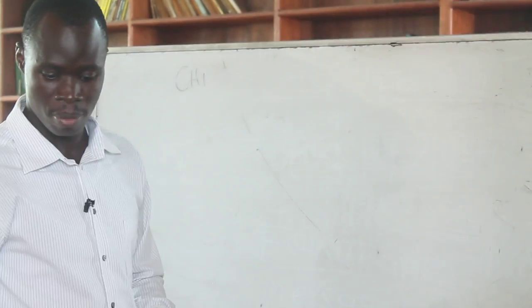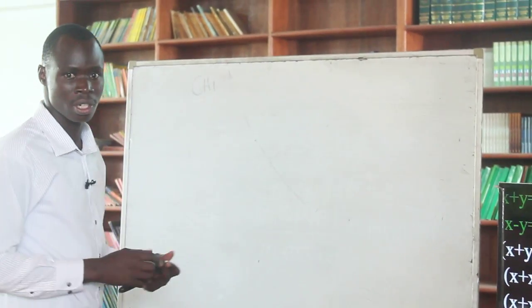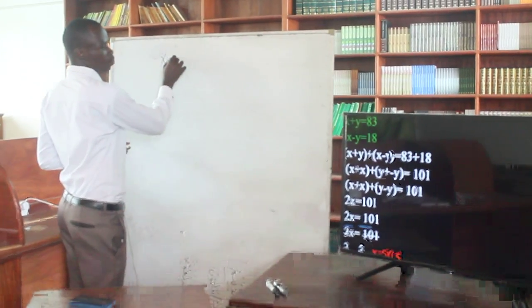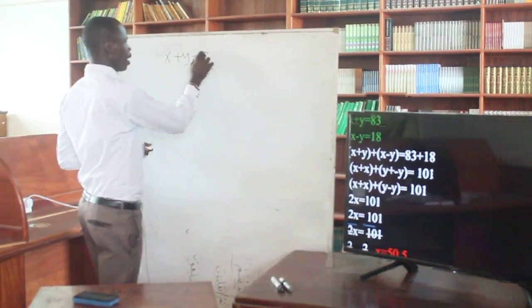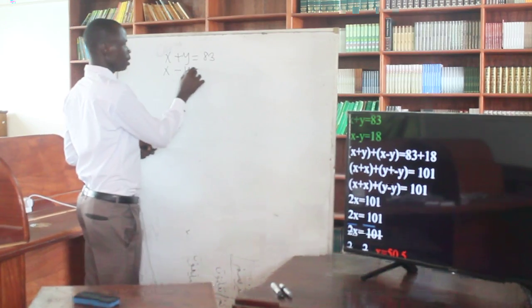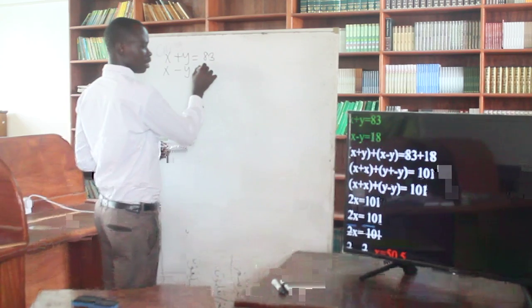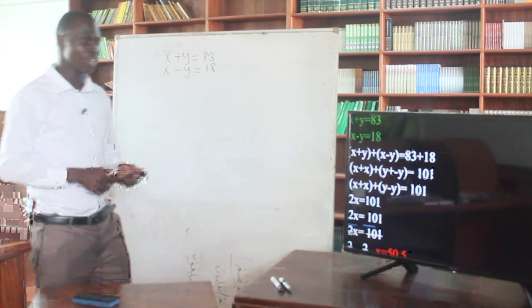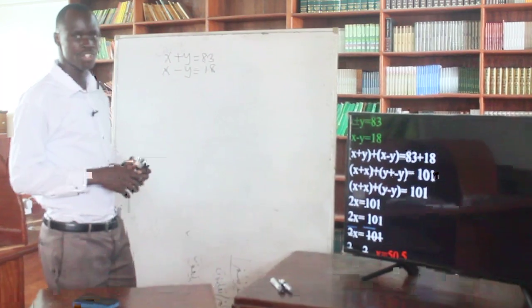Now, in our first example, suppose we have x plus y is equal to 83, and x minus y is equal to 18. Solving this kind of problem requires your knowledge of laws of integers.